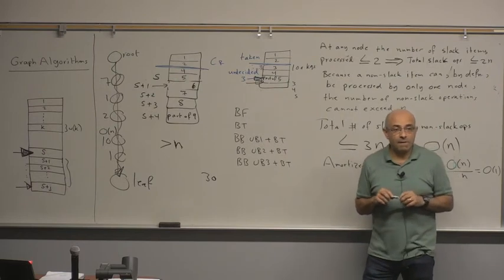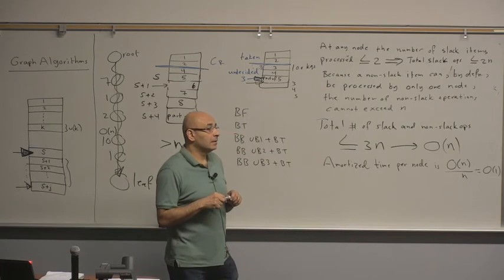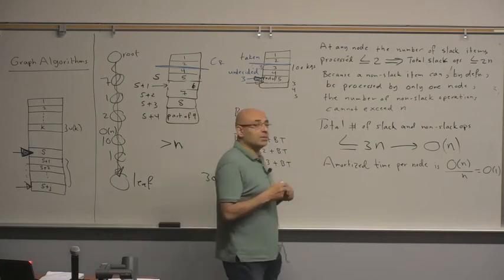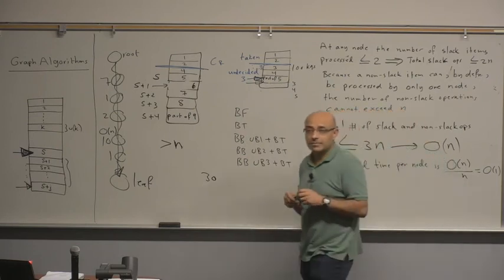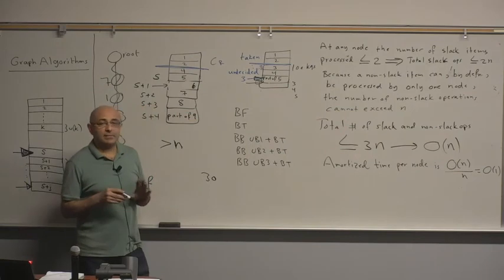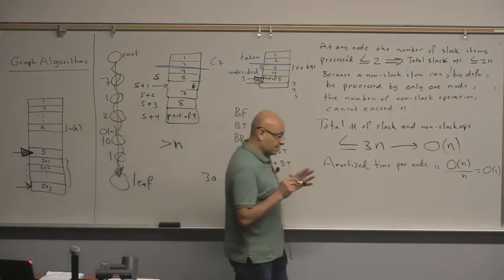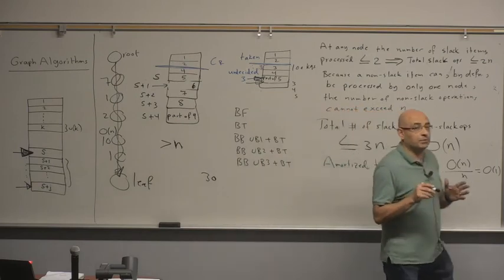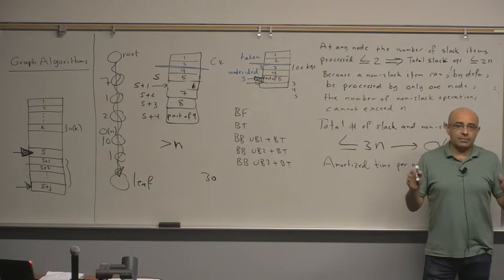How does this affect the overall complexity of the algorithm? Oh, that's a good question. Well, in the worst case, in fact, we are not making any improvement. This is an interesting question because from a theoretical point of view, from an asymptotic complexity point of view, the algorithm is still the same.